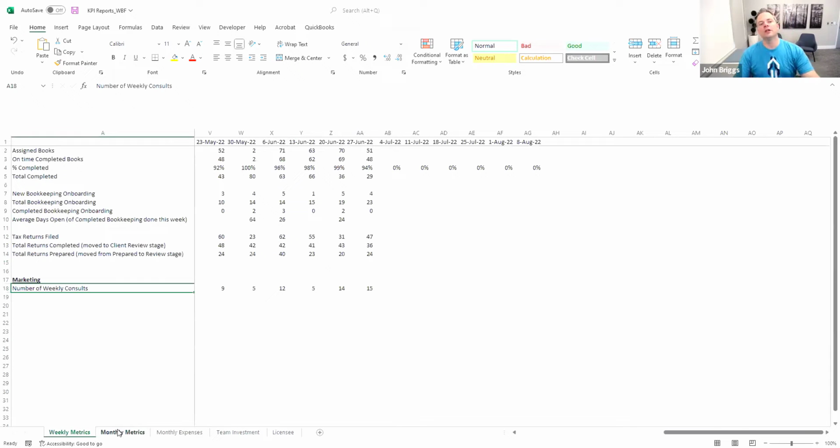So weekly metrics, monthly metrics, how much does your team cost? These are all things that are worthwhile when you are trying to understand the real-time financial picture of your business. You can certainly go into your books and pull a profit and loss statement and a balance sheet report. But for me, having those types of metrics is better to understand the real-time financial picture.